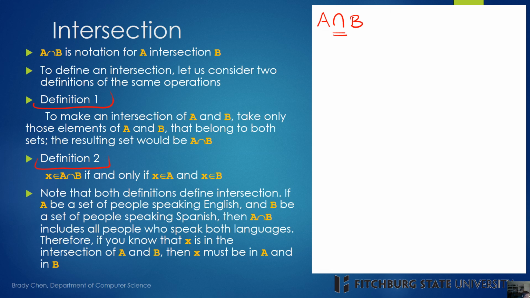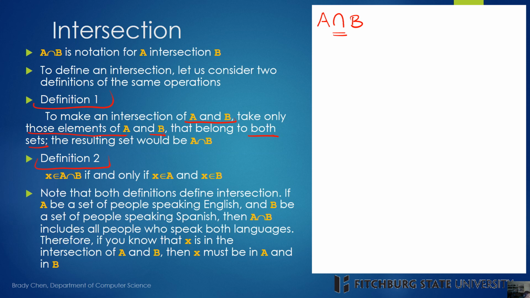Okay. Now first, to make an intersection of A and B, suppose we have two sets, A and B. To make an intersection of A and B, take only those elements of A and B that belong to both sets.